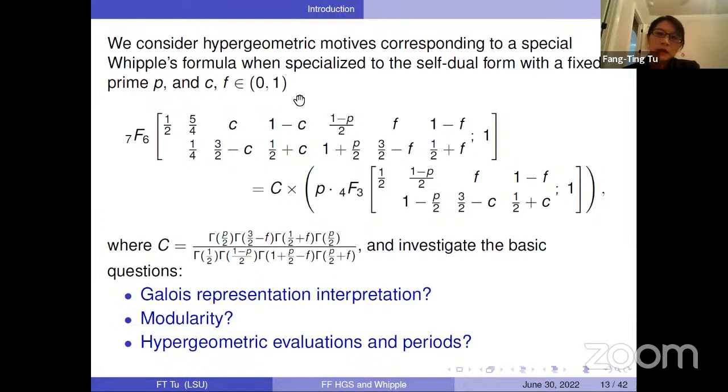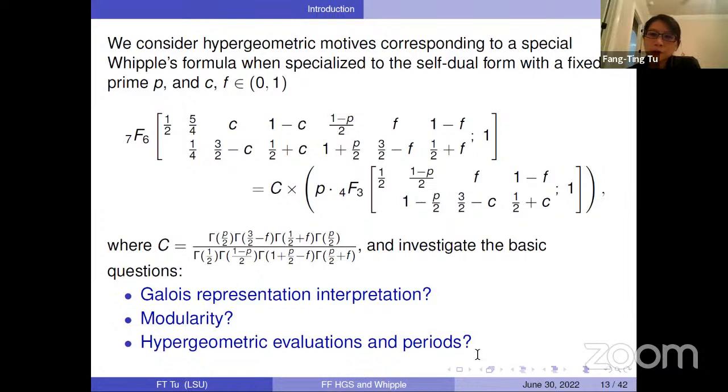So in this joint work, we are considering the corresponding hypergeometric Galois representations, and we also discuss the modularities of these Galois representations. We also relate the hypergeometric value, for example this 7F6, to certain periods of modular forms.